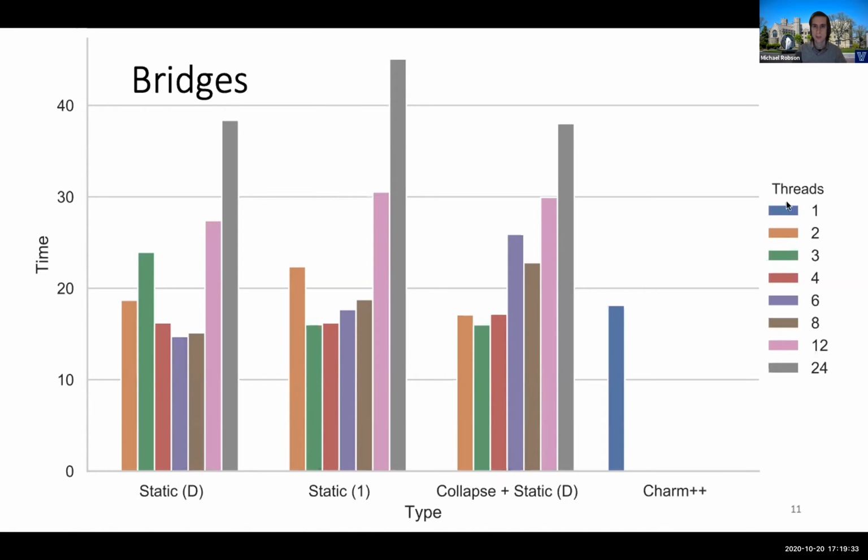By increasing the number of threads we assign to the objects, going from left to right here, with 2 or 3 threads we're seeing, in most cases, worse performance than Charm++. Then we hit our sweet spot around 4 to 8 threads, so each object, when it's running, uses OpenMP to run that compute loop across 4 cores.